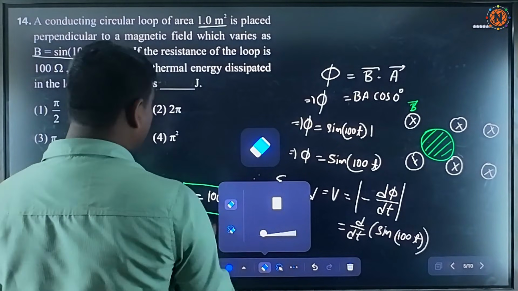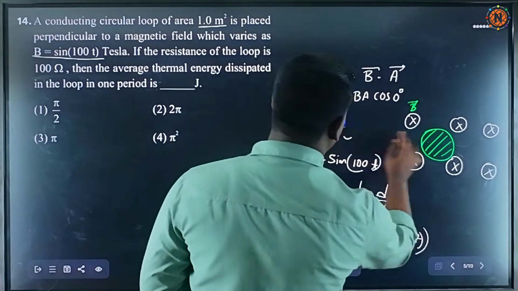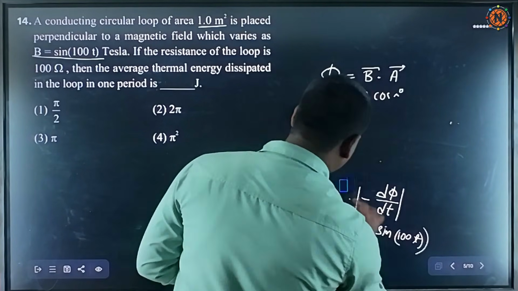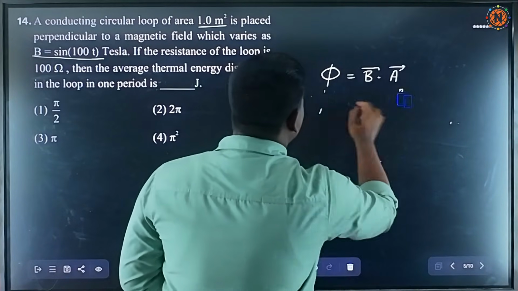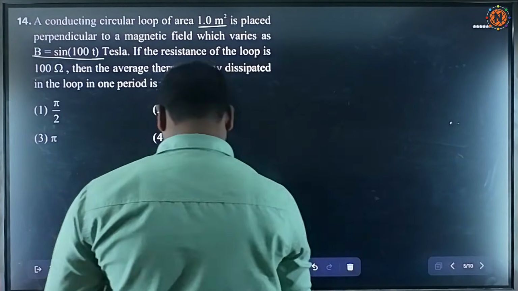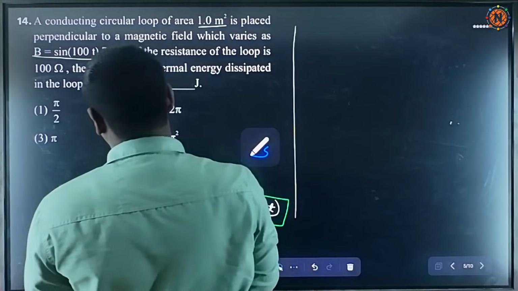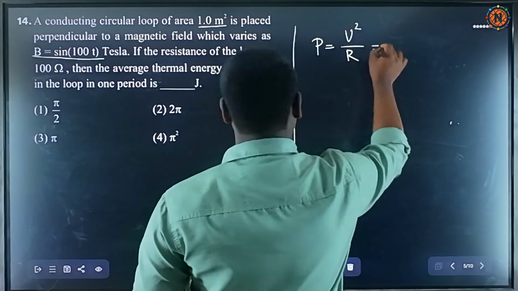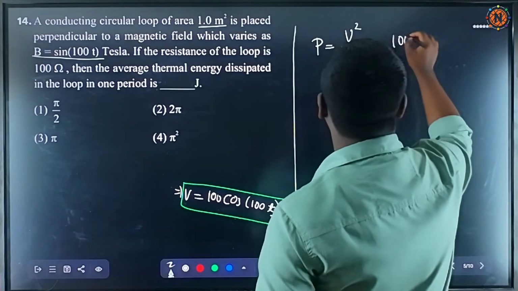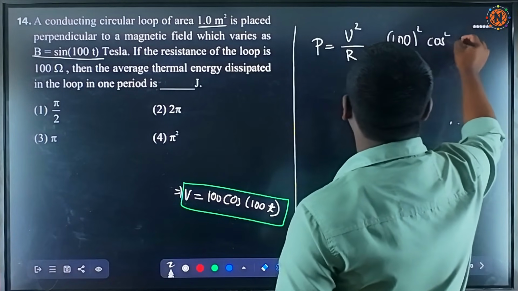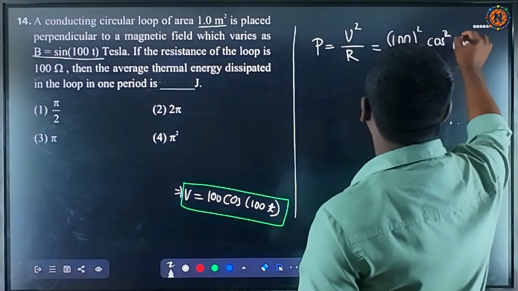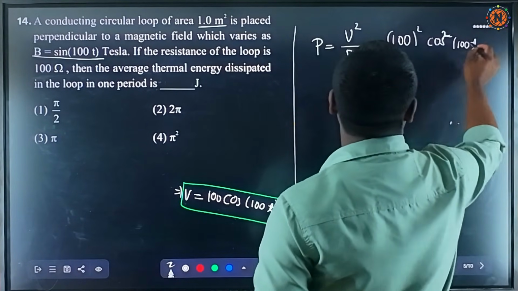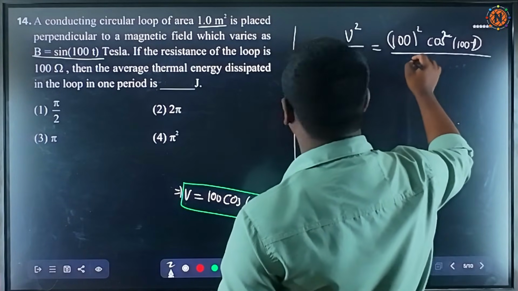Now we can calculate the power. Power has many formulas, so here, since we already got voltage and resistance is given, we can use power equal to V square by R. So V is 100 cos 100t, squared, divided by R. R is 100.